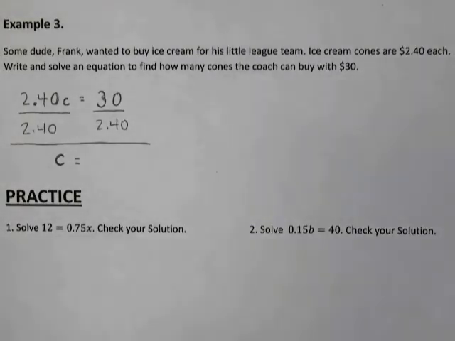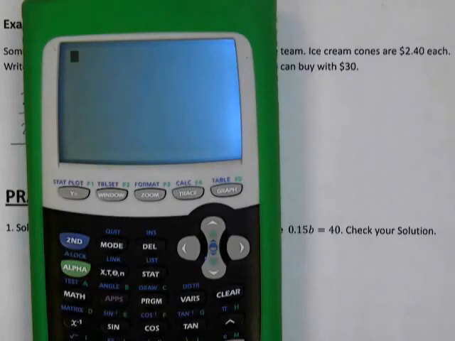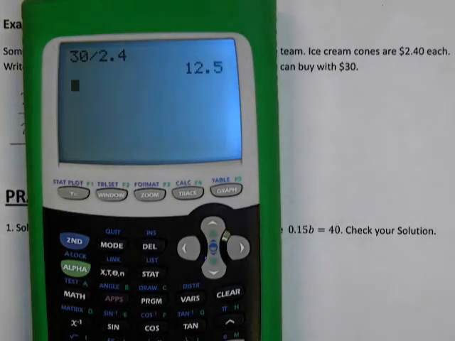And this is where things are tricky. Dividing with decimals is just unreal, man. So let's get our calculator here, and let's go 30 divided by 2.4, and we are going to press enter and find 12.5.